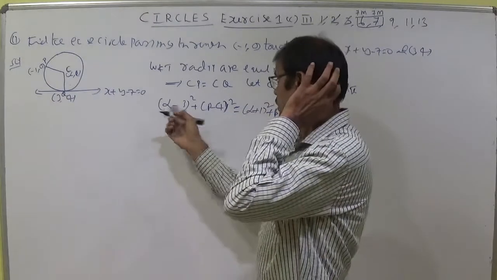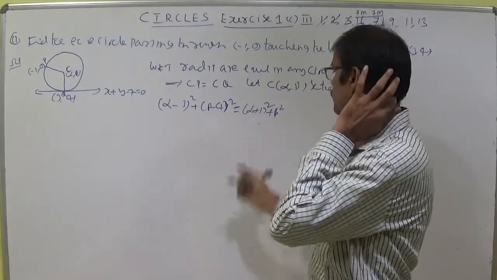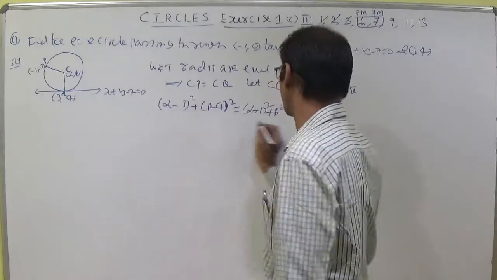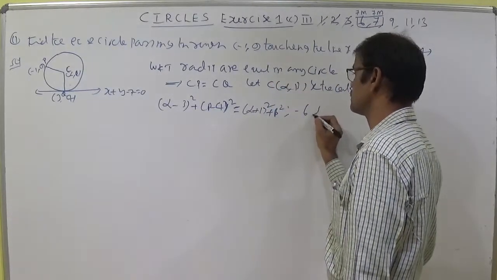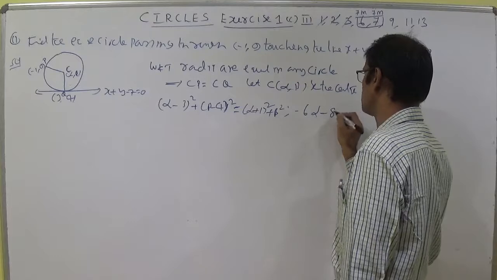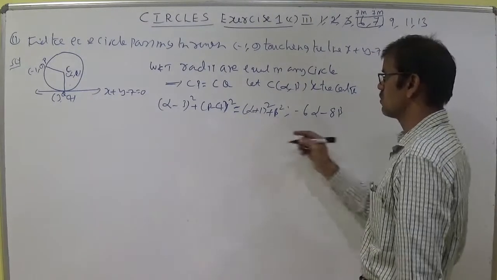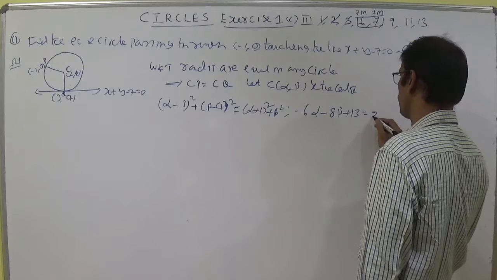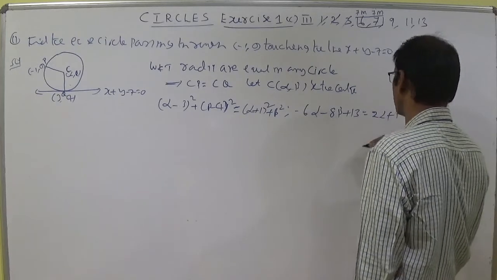By expanding, alpha square will get cancelled, beta square will get cancelled. Here I am writing minus 6 alpha minus 8 beta plus 9 plus 4, 13, is equal to 2 alpha plus 1.